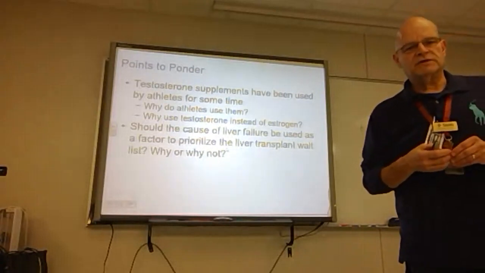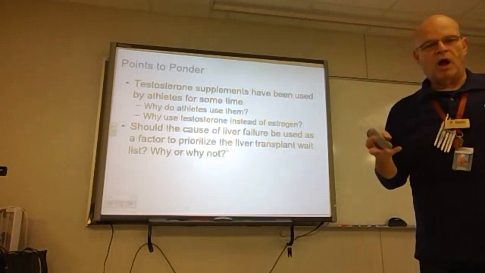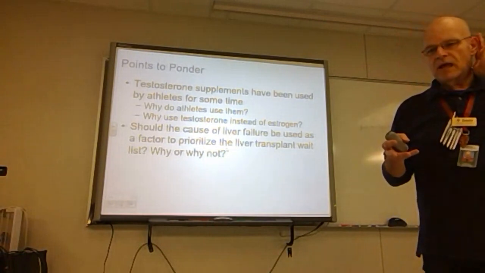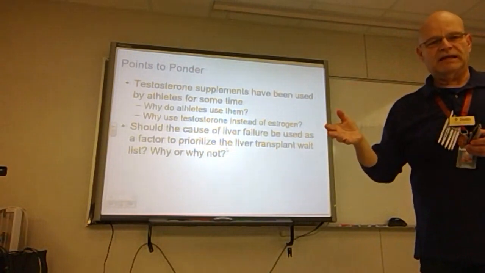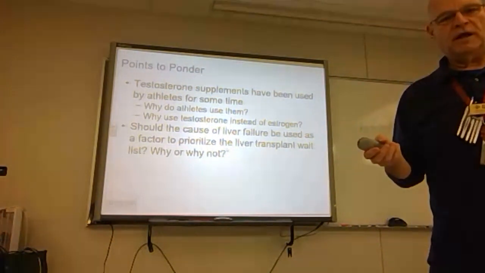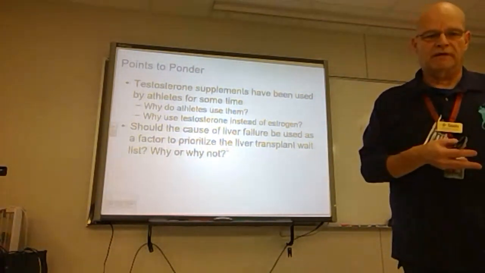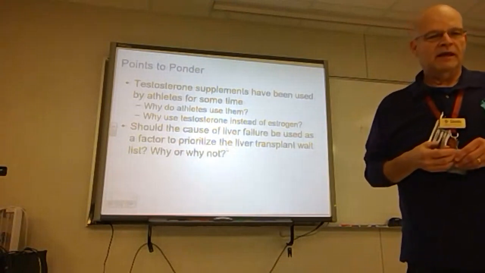There was a lot of controversy in America at the time as to how these two very prominent Americans jumped to the front of the liver transplant list ahead of a bunch of other Americans when they had both been alcoholics for 40 years and had basically destroyed their own livers. Why did they get livers before other people did?